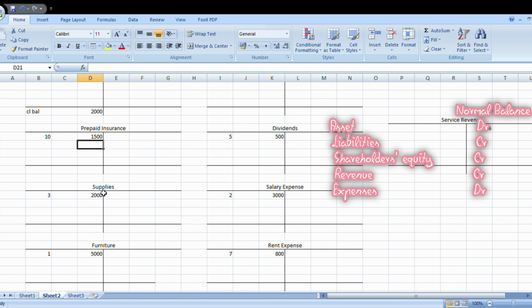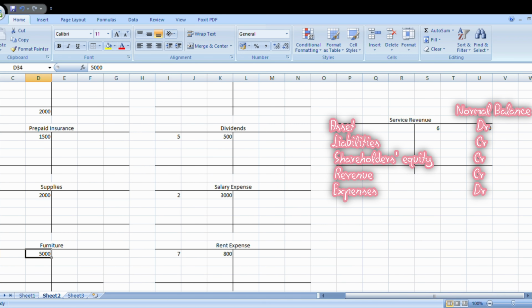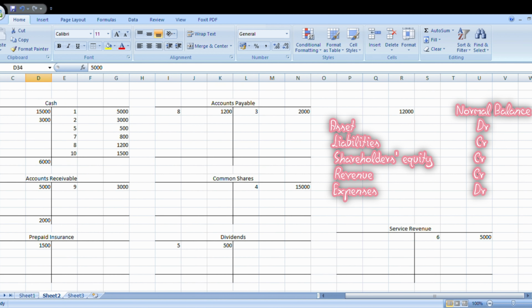Supplies again is your asset, so it has debit balance of 2000. It has nothing on the credit side, which means that it has debit balance of 2000. Furniture also has debit balance of 5000. Here we are not supposed to write the closing balance. If the question asks you to write it, you can write it. Now here accounts payable, it's a liability. We know that liabilities usually have credit normal balance, right?